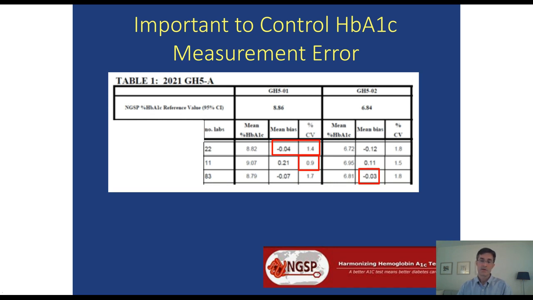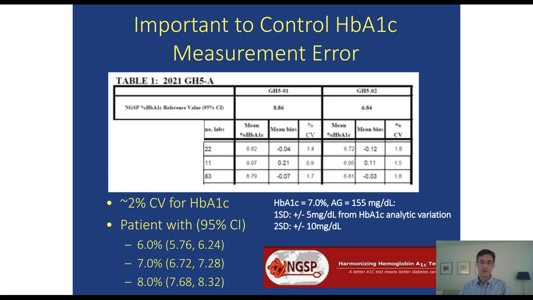And these performance characteristics are important because, for instance, if the error in the A1c assay were 2%, if the coefficient of variation were 2%, then for a patient with an A1c of 6, the true value of A1c could be anywhere between 5.76 to 6.24.